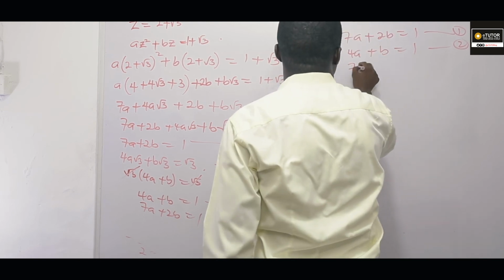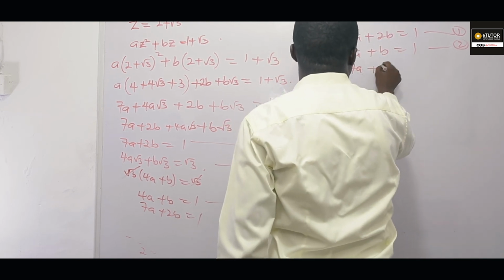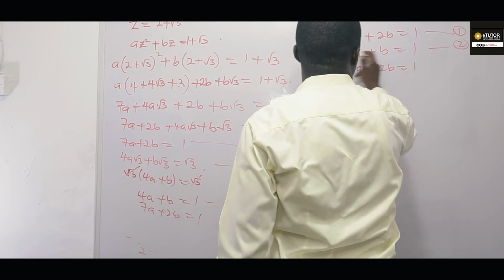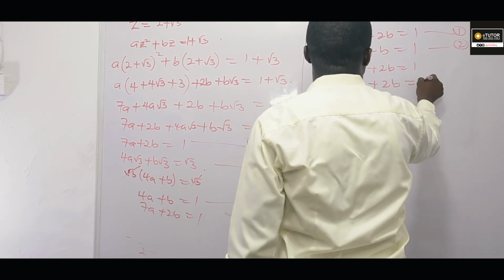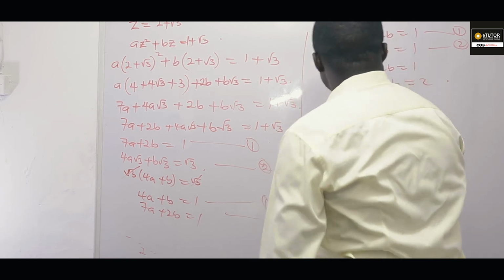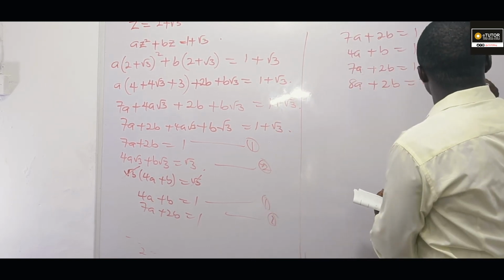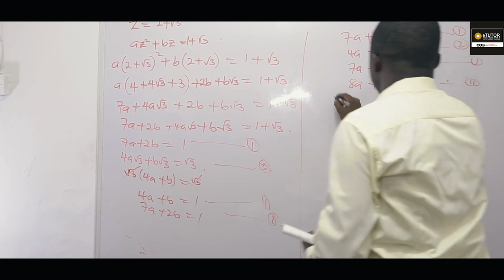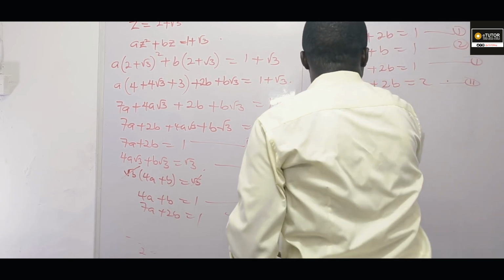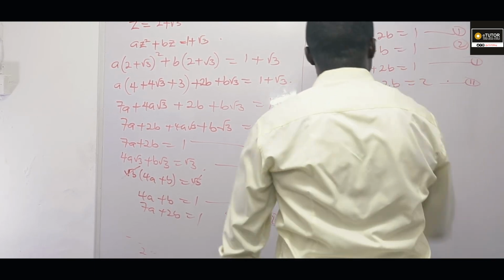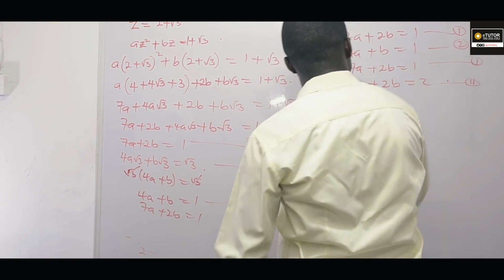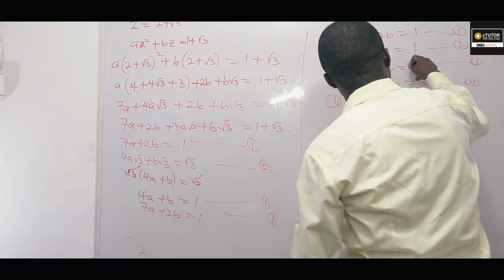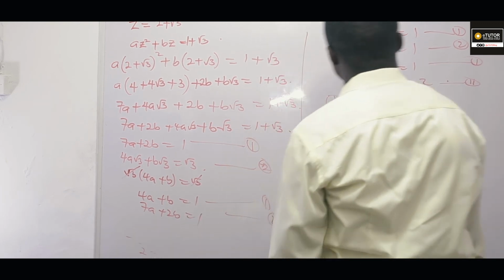As such, you have 7a plus 2b equal to 1, and this one, 8a plus 2b equal to 2. Equation 2 minus 1: 8 minus 7, a. 2 minus 2, 0. 2 minus 1, 1. We have gotten a, finished.